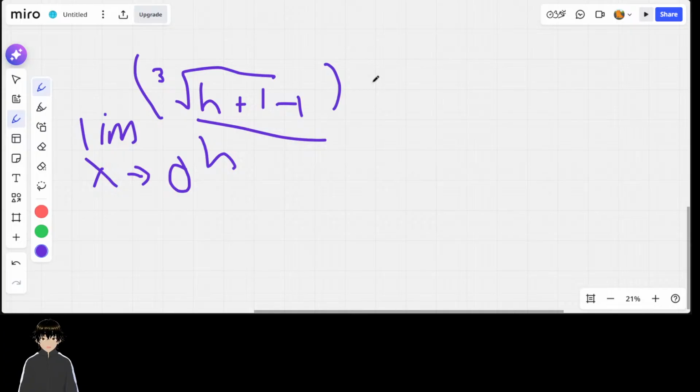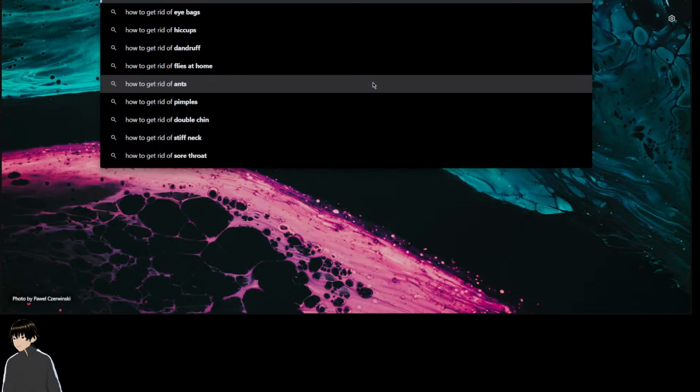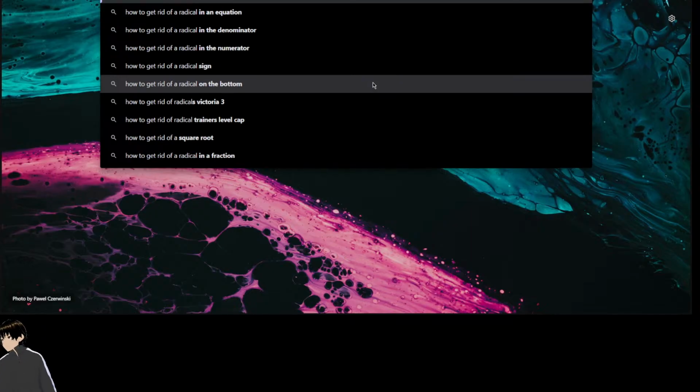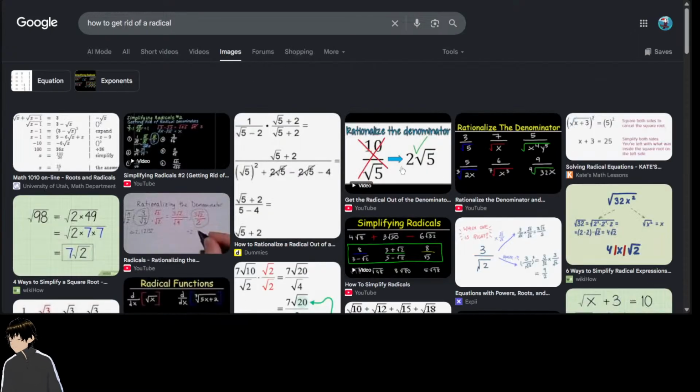Cube root, so 1... oh my god. Raise both sides to the root index. Let's square root. Also, wait, let me just see the images.